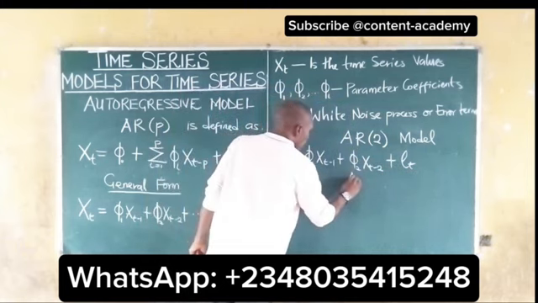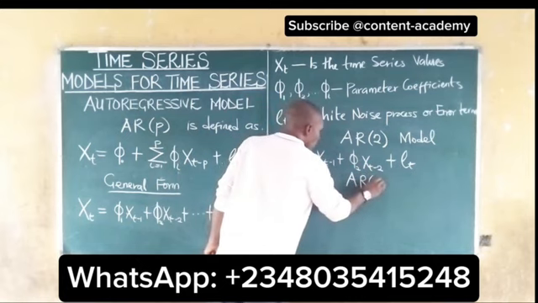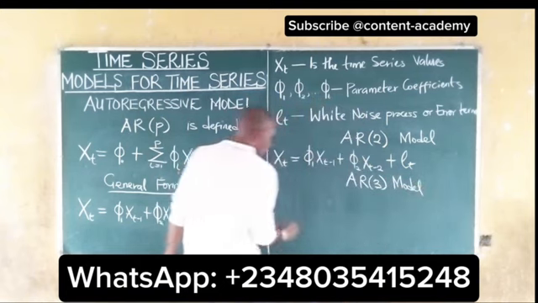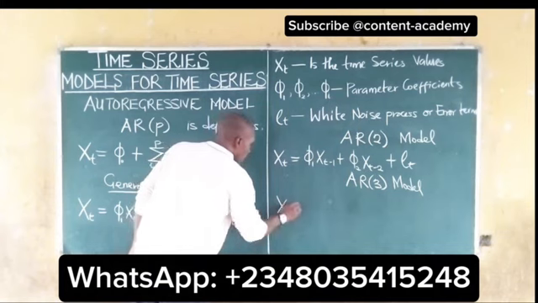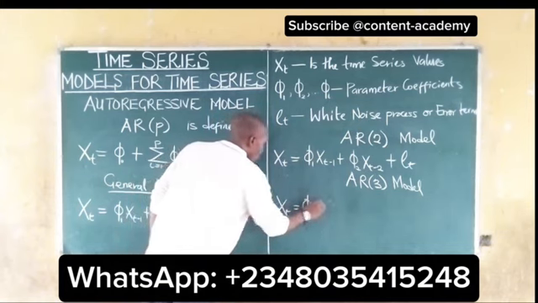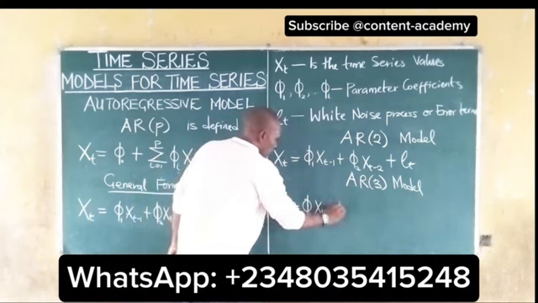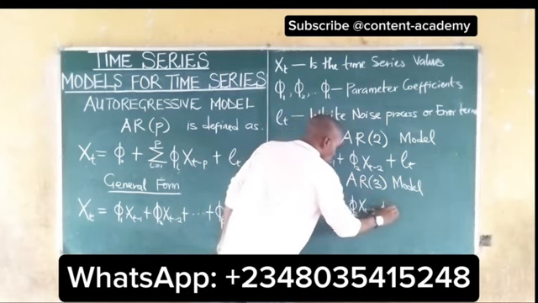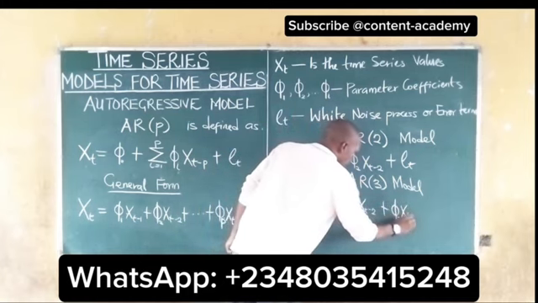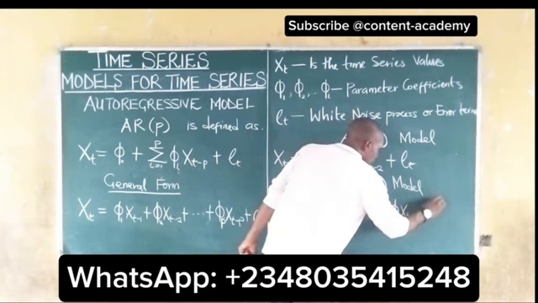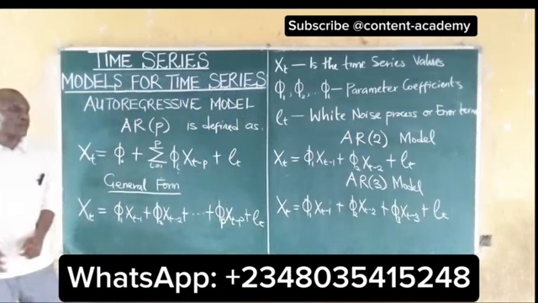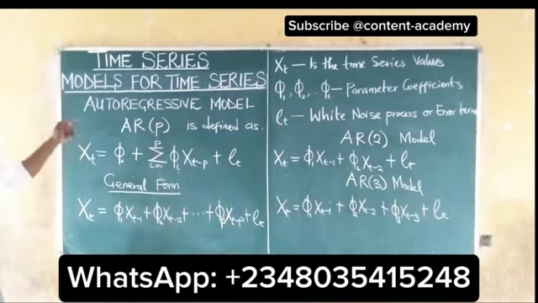Also, we can write our autoregressive model of order 3 as x_t equal to phi_1 x_{t-1} plus phi_2 x_{t-2} plus phi_3 x_{t-3} plus our error term e_t. So this is how we can compute the autoregressive model of order p.